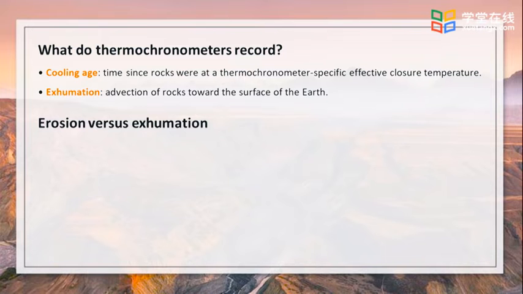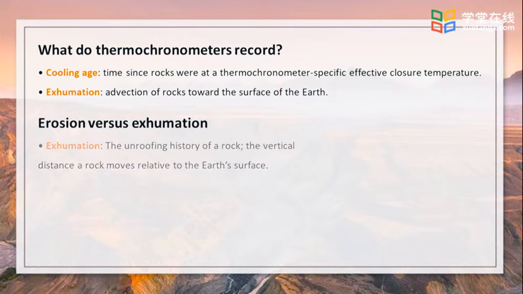Erosion and exhumation are terms that are often misused and confused, so we need to start with some definitions. Exhumation is the unroofing history of a rock: the vertical distance a rock moves relative to the Earth's surface. It can result from tectonic or surface processes.